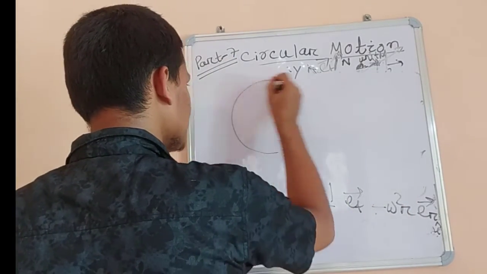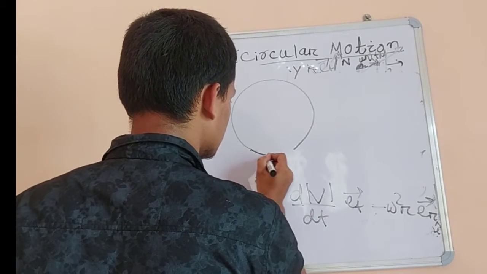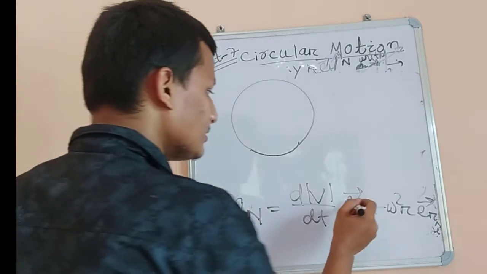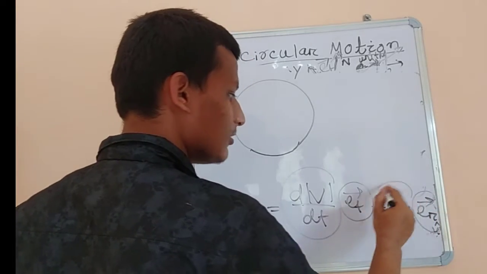So let's take a circle. Okay, this is our circle. So along et vector, this is our modulus, along ER vector, this is our modulus.